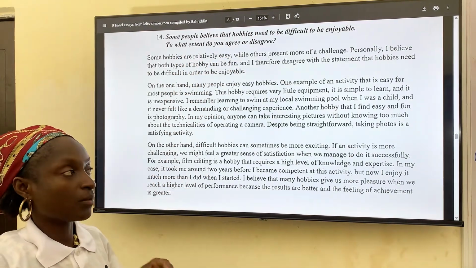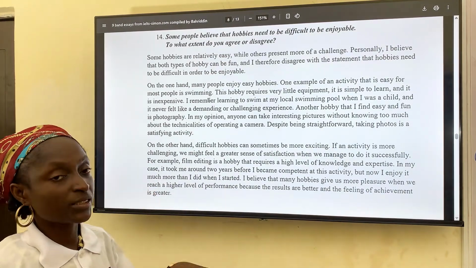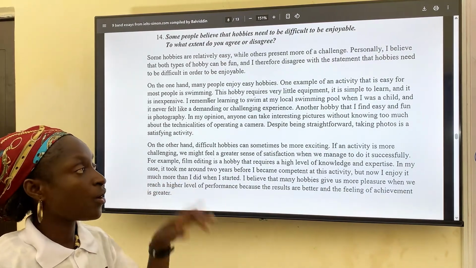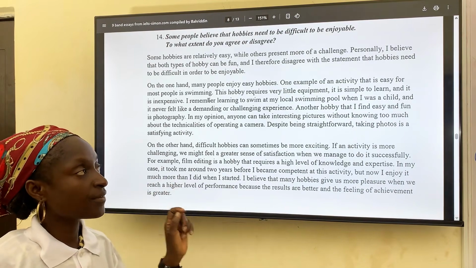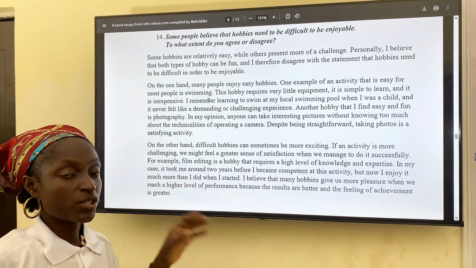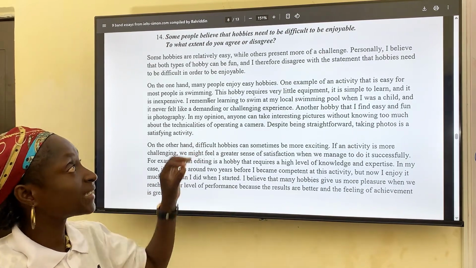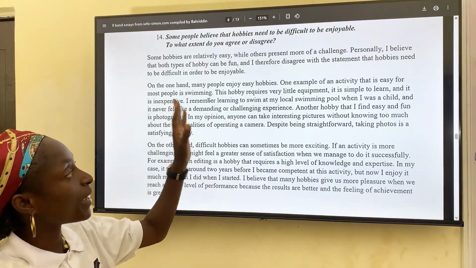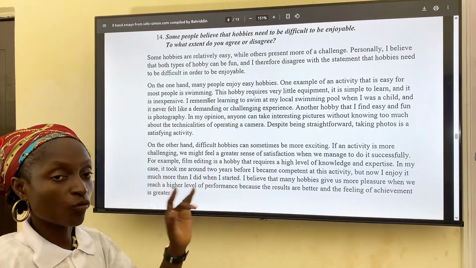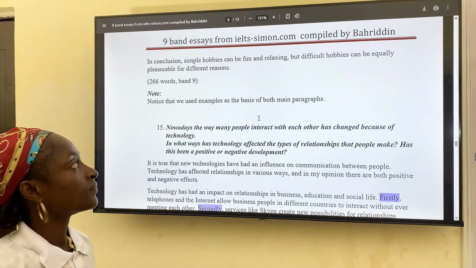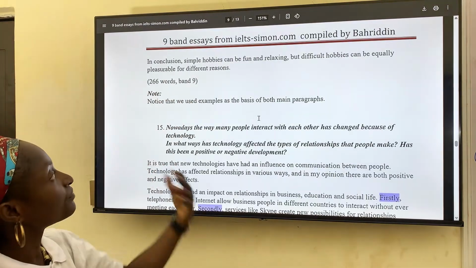So you can stay in the middle. But when the question says, do you agree or disagree, or do you think it is a positive development or a negative development, in this kind of situation, you are required to stick to one side of the argument.